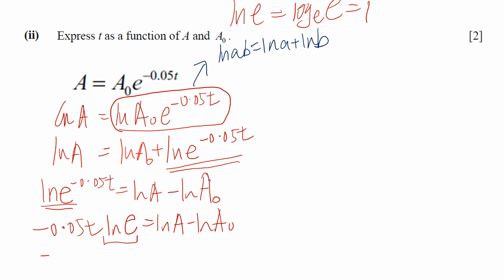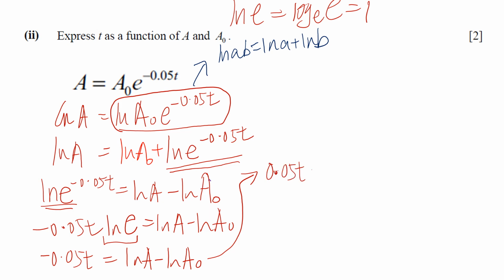So that will give me negative 0.05t equals ln A minus ln A subscript 0. And I'm going to get rid of my negative, so I'm going to divide by negative throughout, and so t will be equal to ln A minus ln A subscript 0 over negative 0.05.